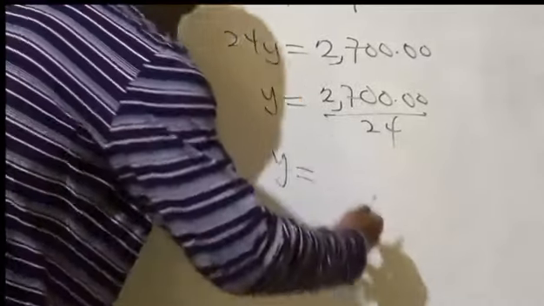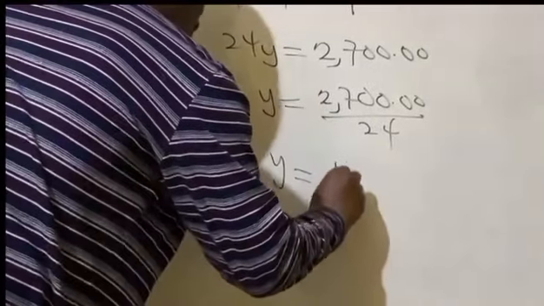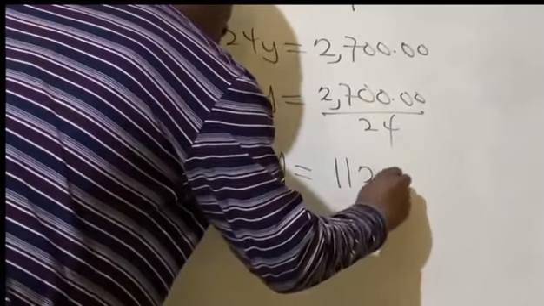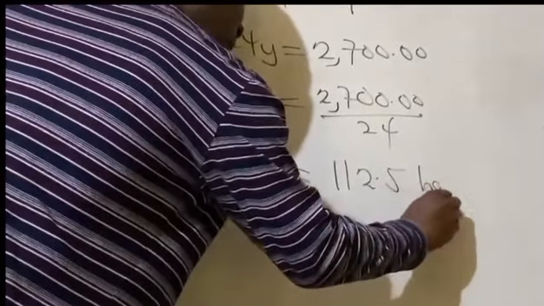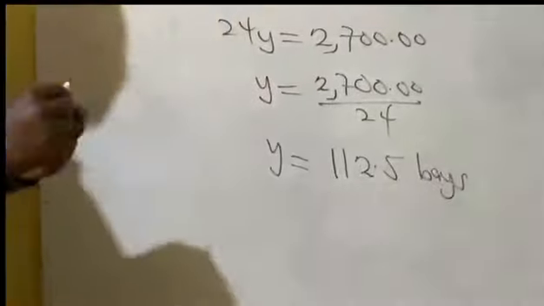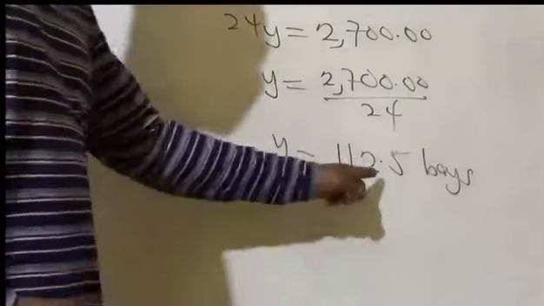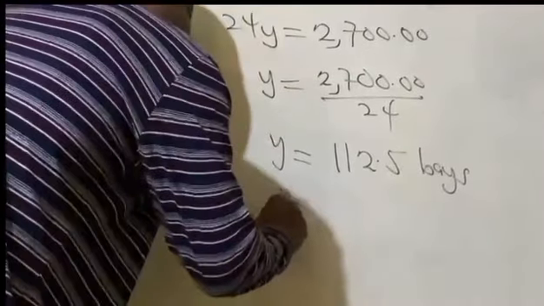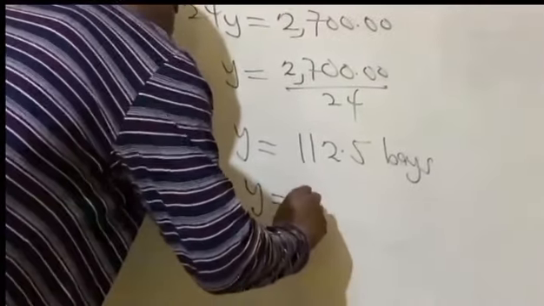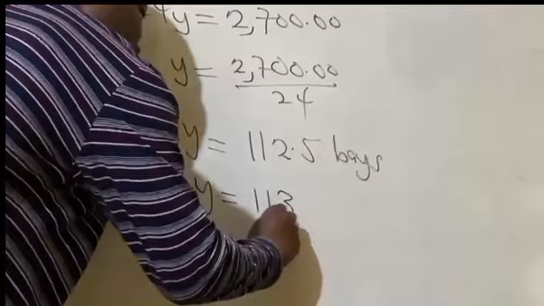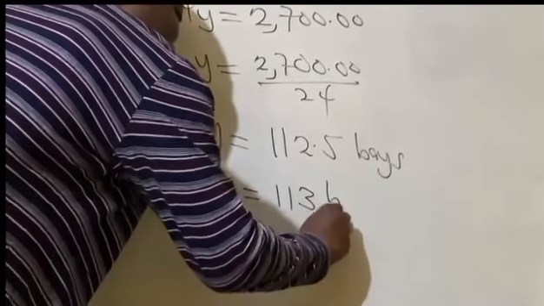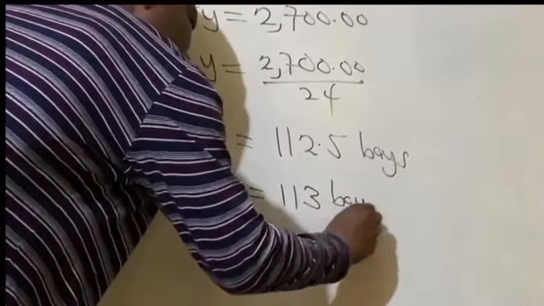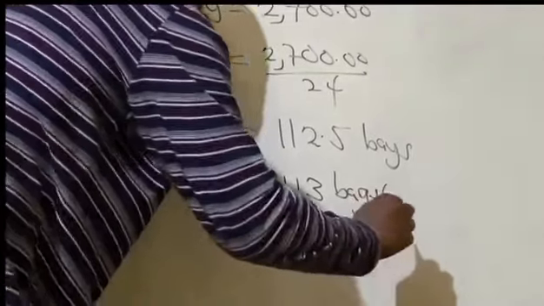When you divide, it gives us 112.5 bags. But we do not have 0.5 bags, so we have to round this up. So we get Y is equal to 113 bags. So you conclude by saying rounded up.